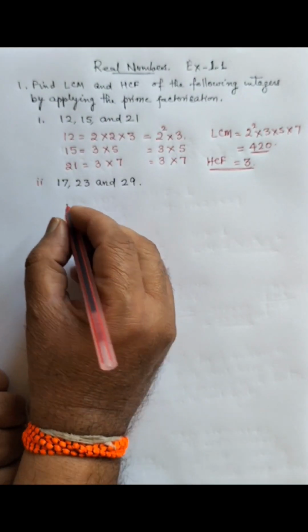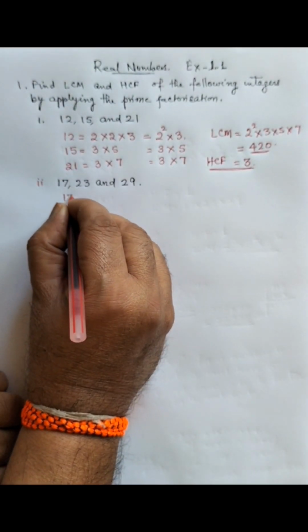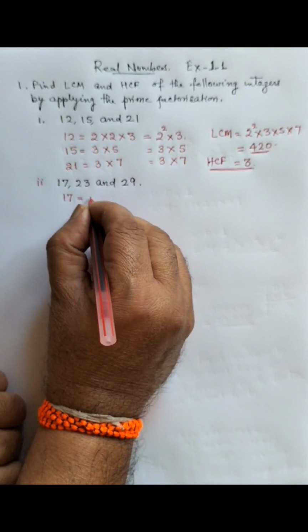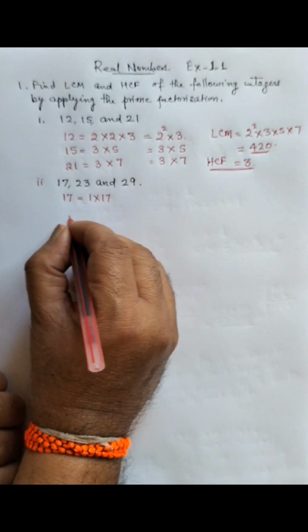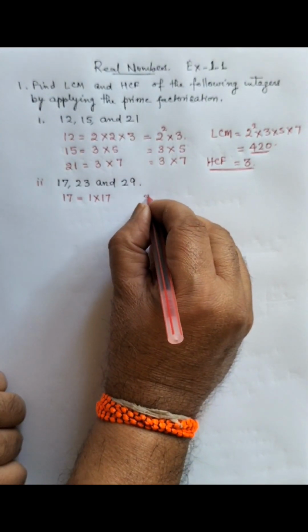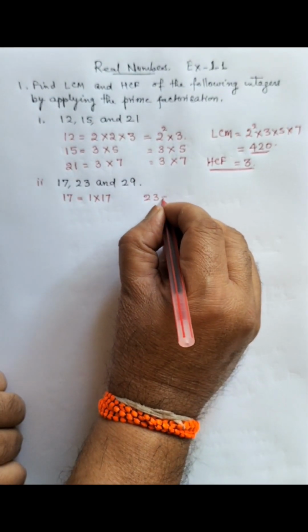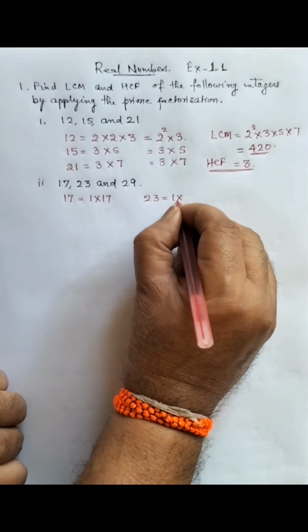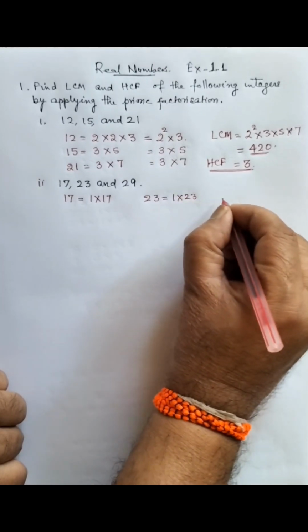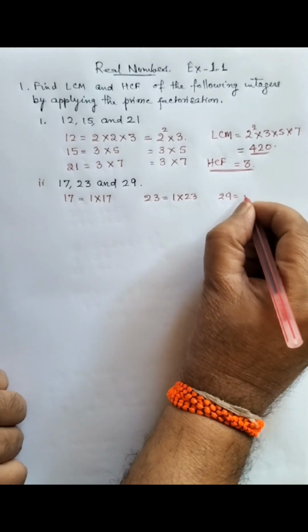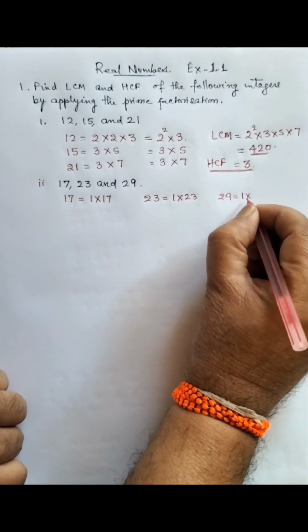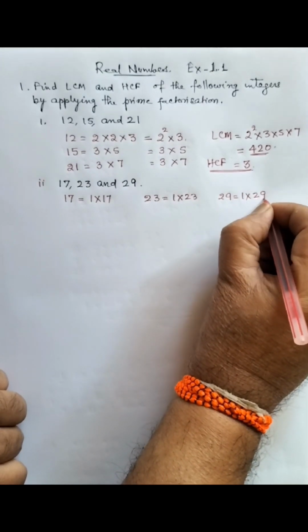Once again, we will just look for the prime factorization of these numbers. 17 itself is a prime, so it will have just the factors 1 and 17. Similarly, 23 is also a prime number, 1 times 23, and 29 is also a prime number, having factors 1 and 29 itself.